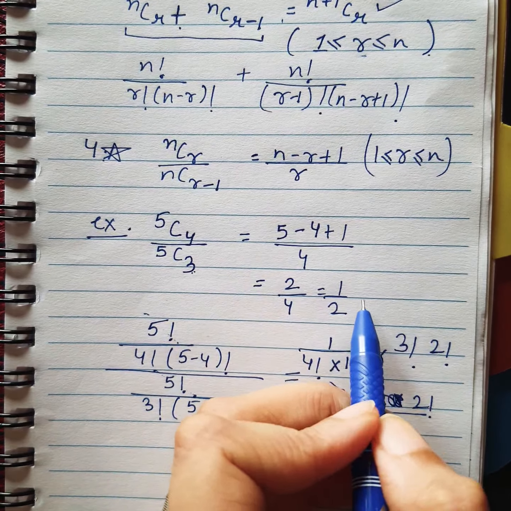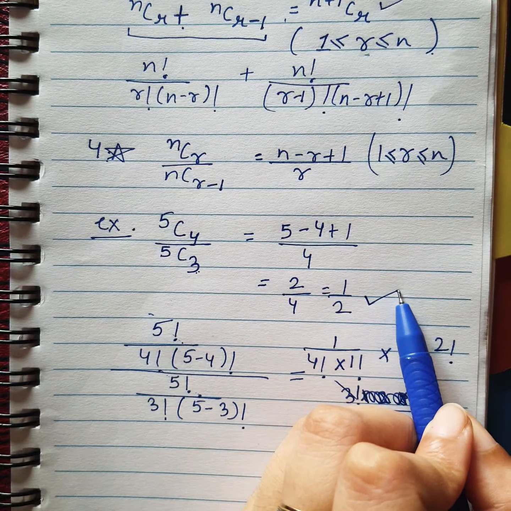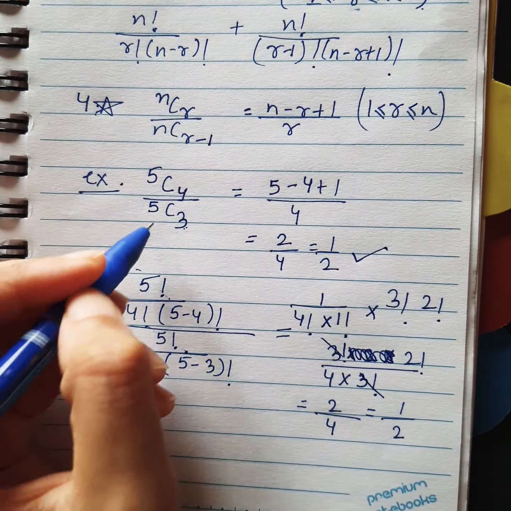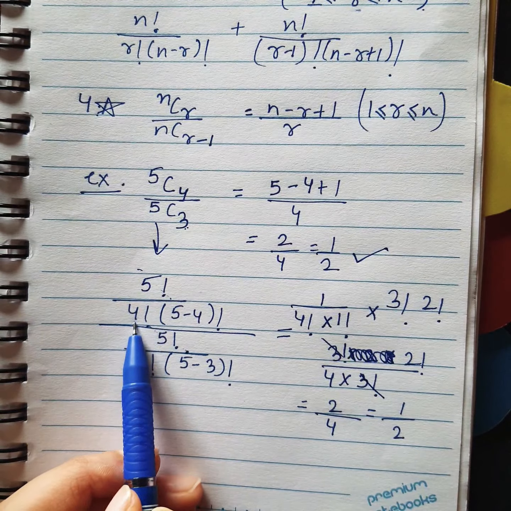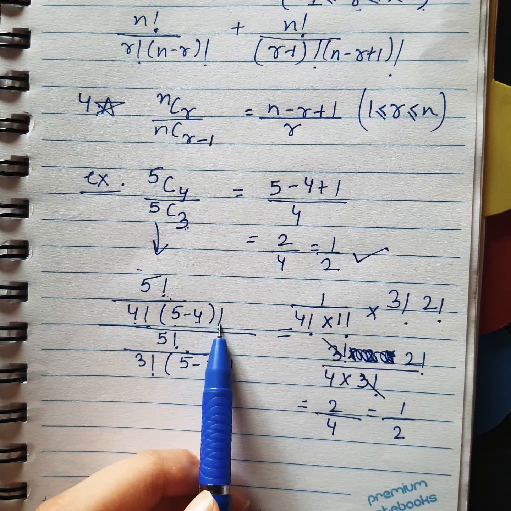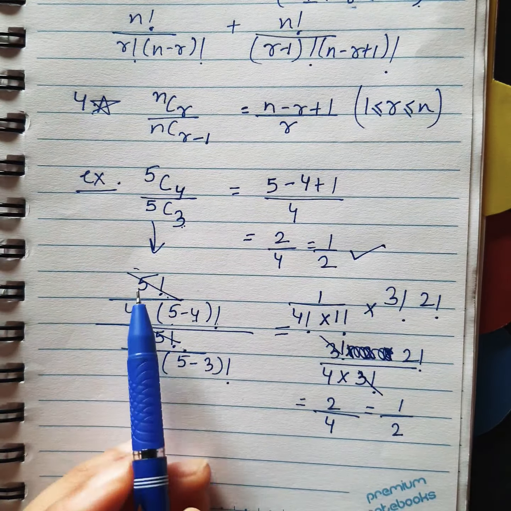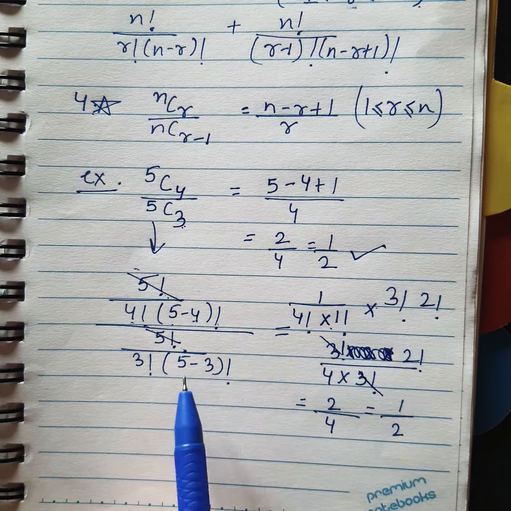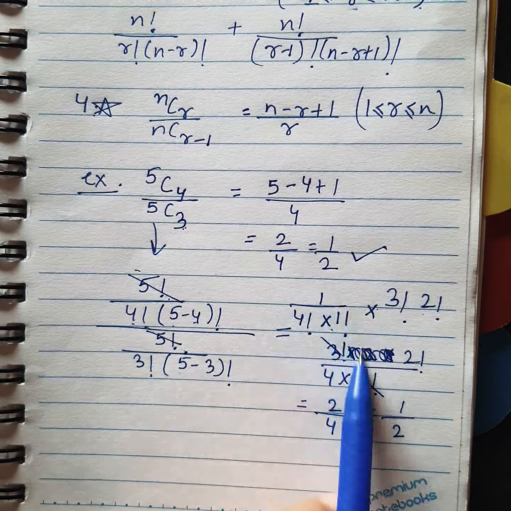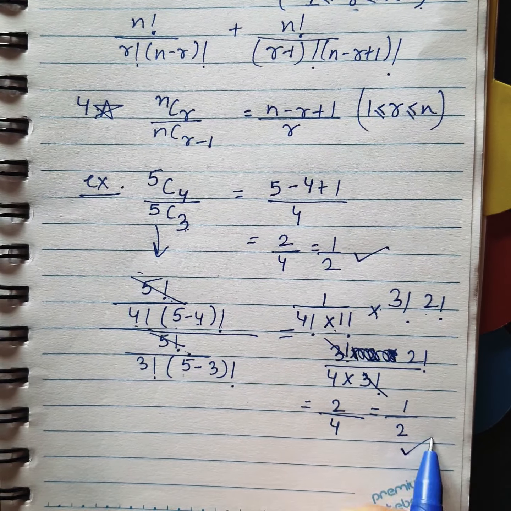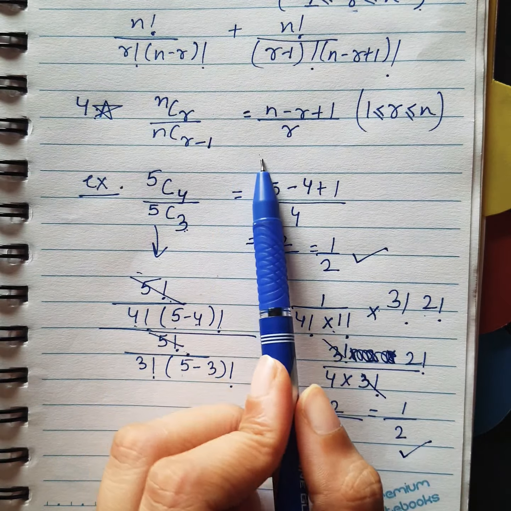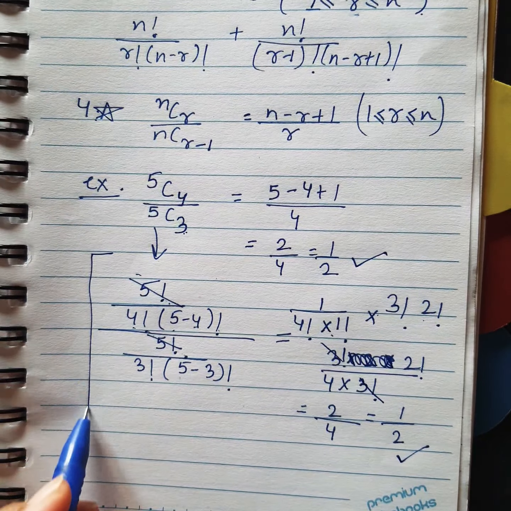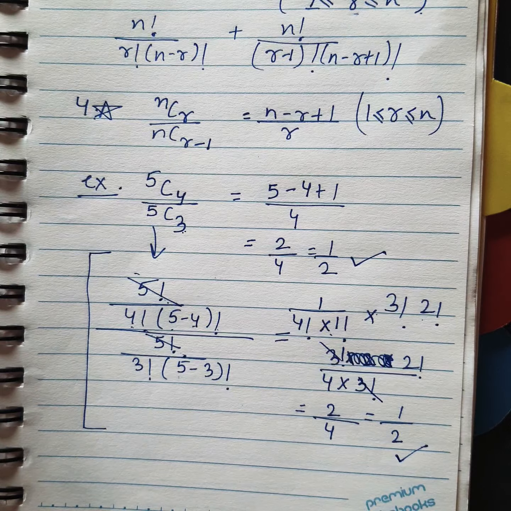After solving this, I have directly got 1 by 2. And if I go with the formula, 5 factorial, 4 factorial, 5 minus 4 factorial, here 5 and 5 cancel, 1 upon 4 into 1 factorial, this will go in the numerator, and after solving I got exactly 1 by 2. So the formulas are just shortcuts. You can easily find out in the usual way.